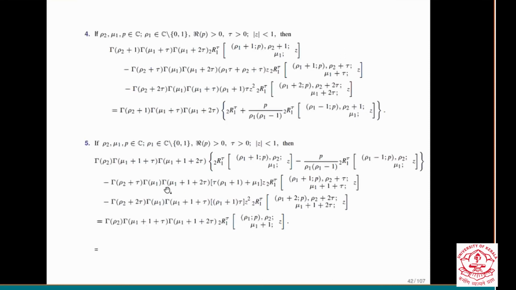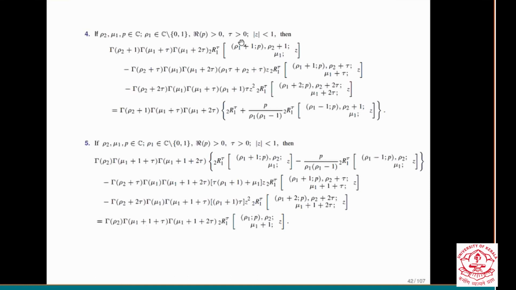So this is the fourth relation, which is also given by this. Here, rho 2, mu 1, p belong to C, and rho 1 belongs to C, excluding this point, with real p greater than 0, tau greater than 0, and mod of z less than 1.